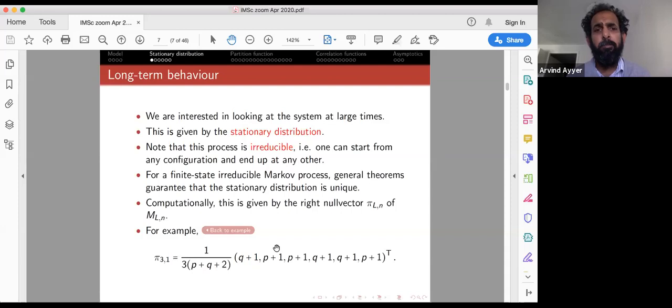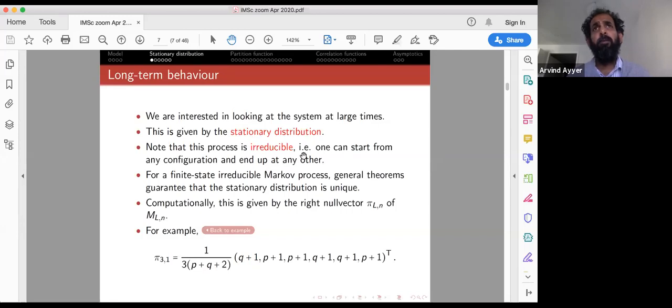The probability of any configuration is given by the stationary distribution. For us, a stationary distribution is just a probability distribution on the configuration space, omega. And our process has a finite state space and it is irreducible.